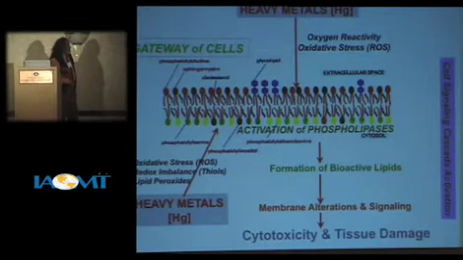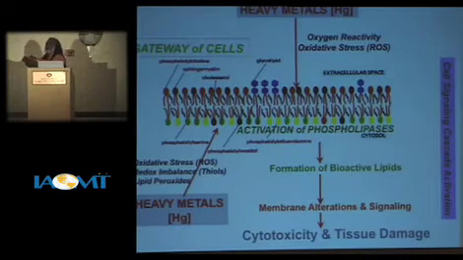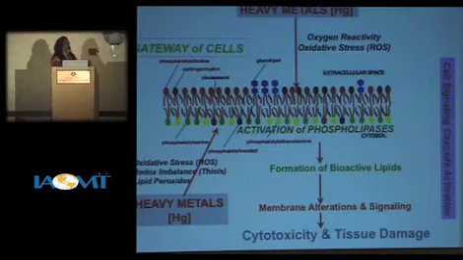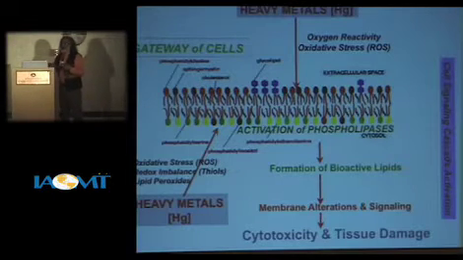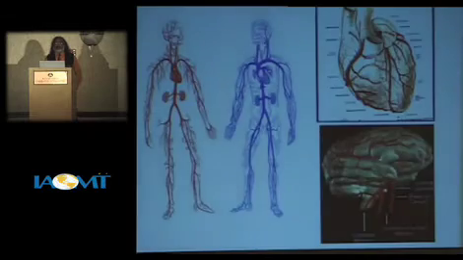You have lipid peroxidation, and then you also have generation of bioactive lipids through the activation of phospholipases, and then they cause membrane alterations and signaling. Each stage has a signaling step. These all will happen very quickly. You don't wait until 10 months of mercury exposure. It happens right when the person is exposed to this, and with minimal levels. That's what I was going to address here.